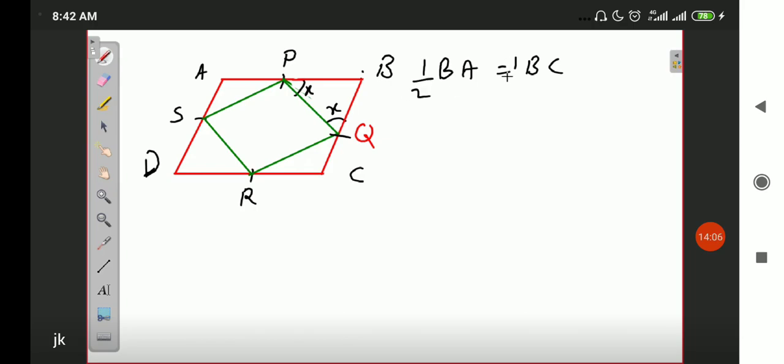If we take half of those, then half of BA and half of BC will be equal. Half of BA is BP and half of BC is BQ, because P and Q are the midpoints. So that's why triangle BPQ becomes an isosceles triangle, and angles opposite to equal sides of a triangle are equal, therefore these two angles are x.